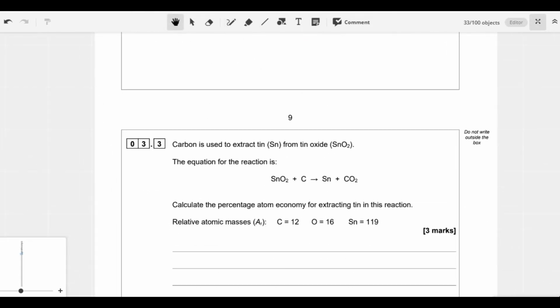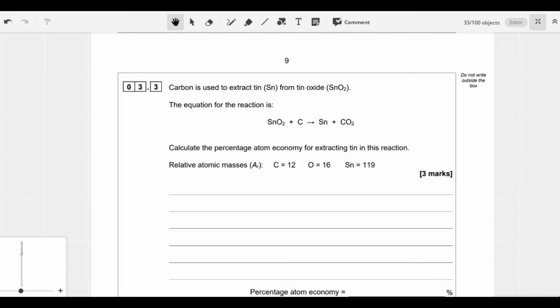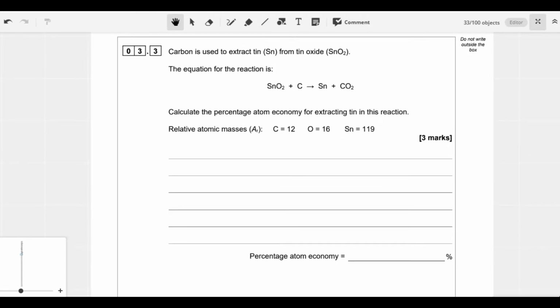Okay, next: carbon is used to extract tin from tin oxide. The equation is shown; calculate the percentage atom economy for the extraction in this reaction. So first of all, for the percentage atom economy, you have to find the total mass of the reactants, and the desired product is divided by the total mass of reactants.